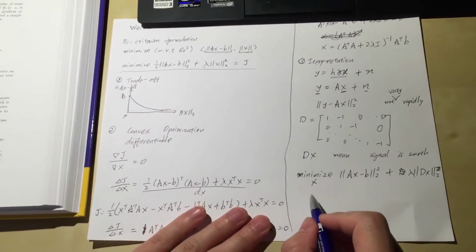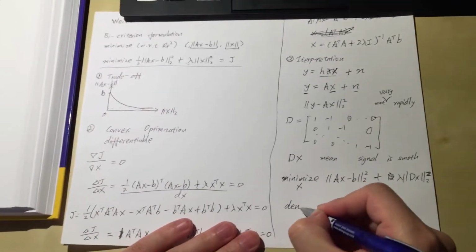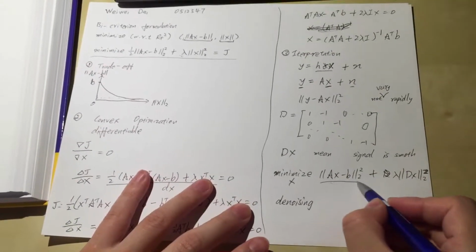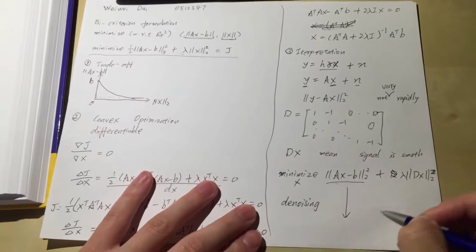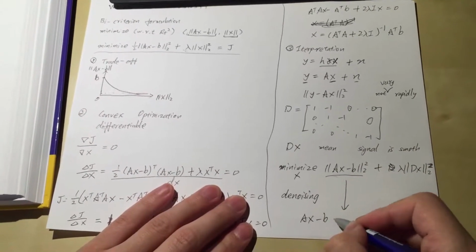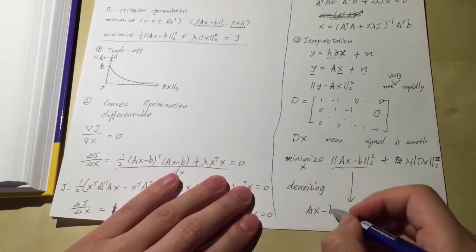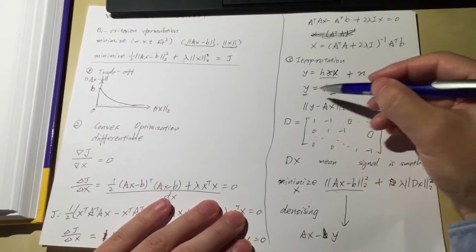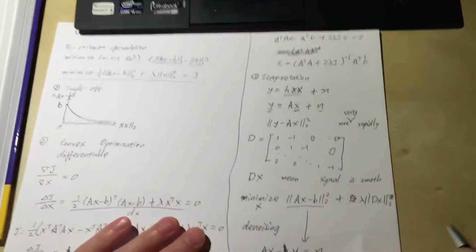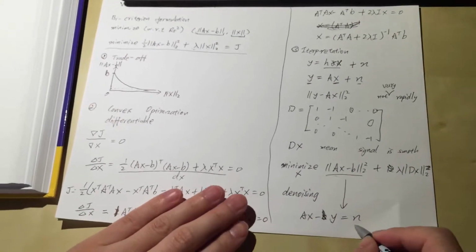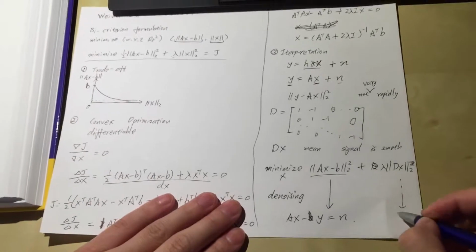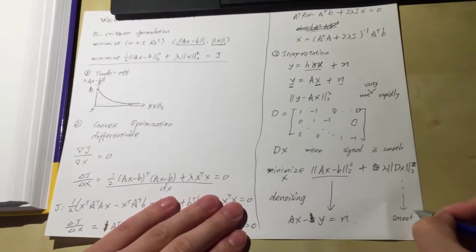This formula can be used for denoising, because this term we can interpret as Ax minus b, where b is y in our example, so it will be noise. We want to minimize the noise as much as possible, and the signal is smooth.